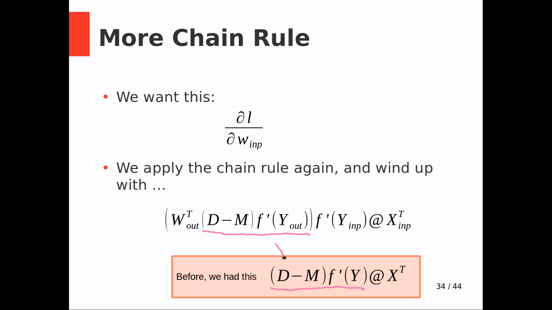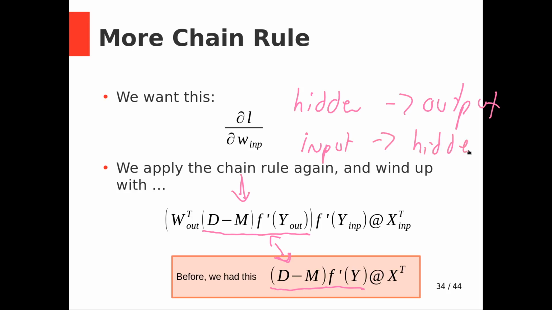So part of the update for the hidden to output units shows up, or something like it shows up, in the update to the input to hidden units, and it gets transformed according to the output weights.